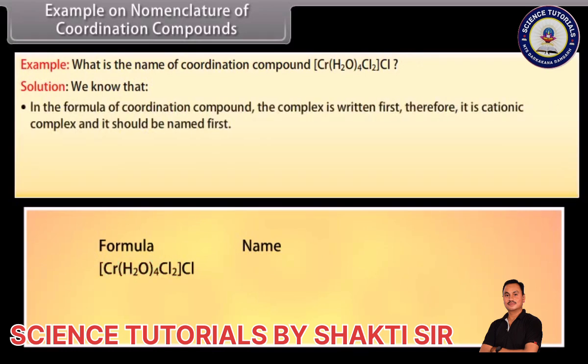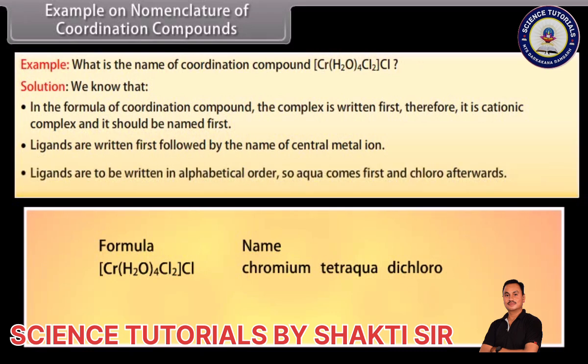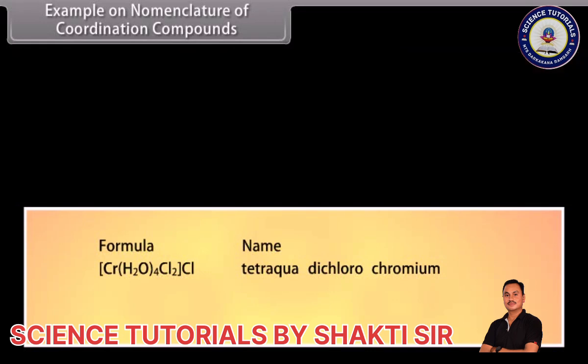In the formula of coordination compound, the complex is written first, therefore it is a cationic complex and it should be named first. As per rules, while naming the complex, ligands are written first followed by the name of the central metal ion. Ligands are to be written in alphabetical order, so aqua comes first and chloro afterwards.